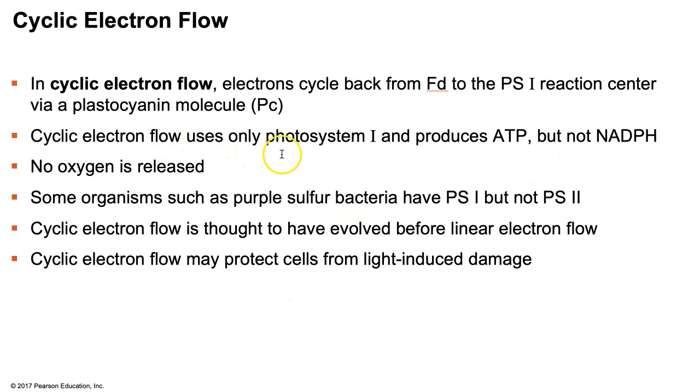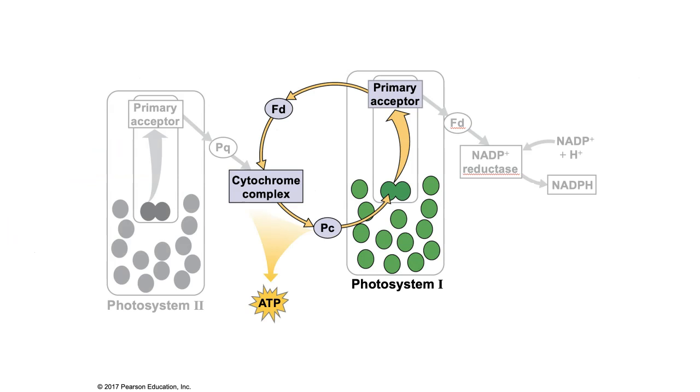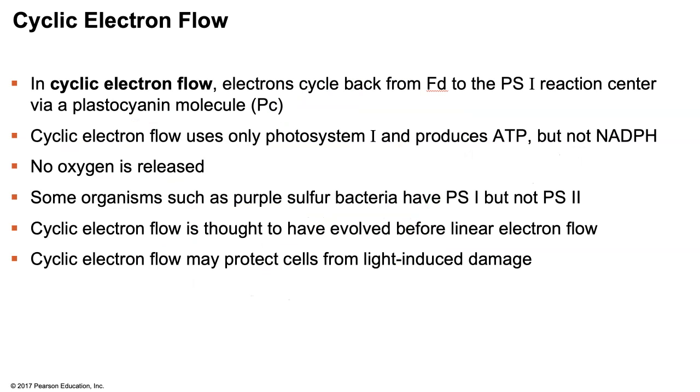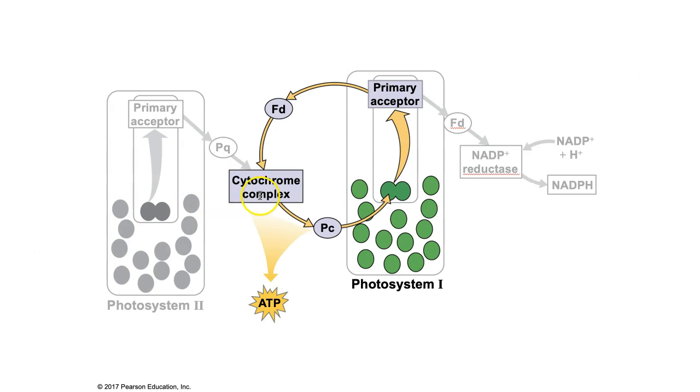So it only uses photosystem 1 and produces ATP, but not NADPH. There is no oxygen released, right? Because oxygen's released over here at photosystem 2. Some organisms, such as purple sulfur bacteria, have PS1 but not PS2. So this would be how they're producing some energy.